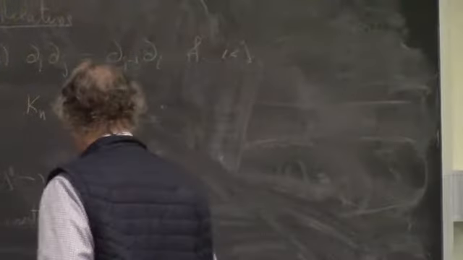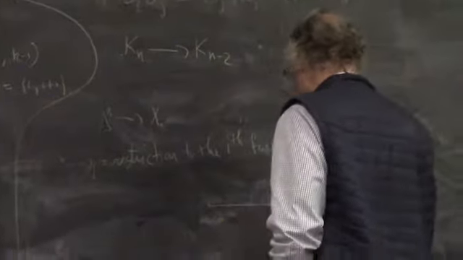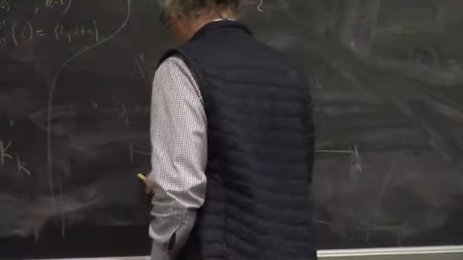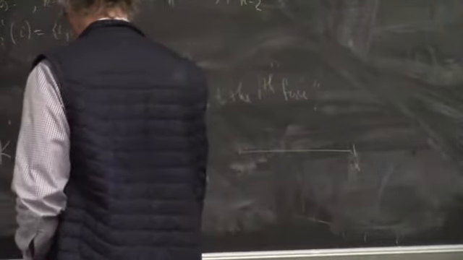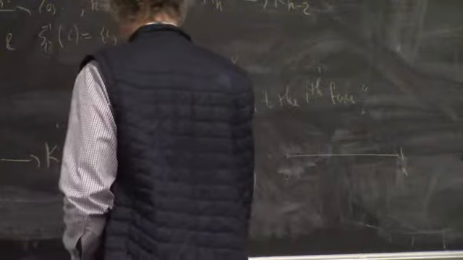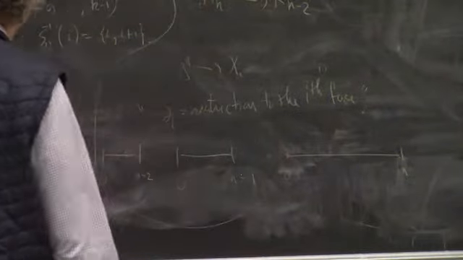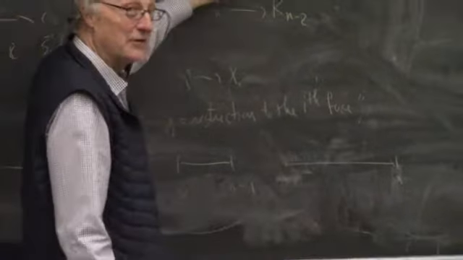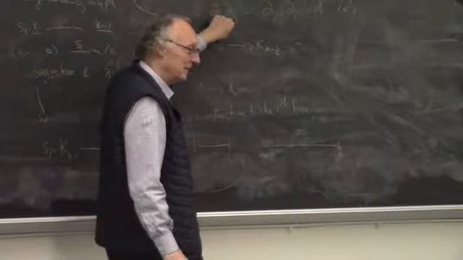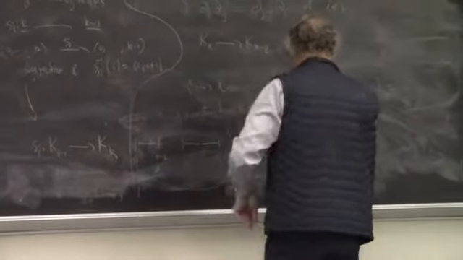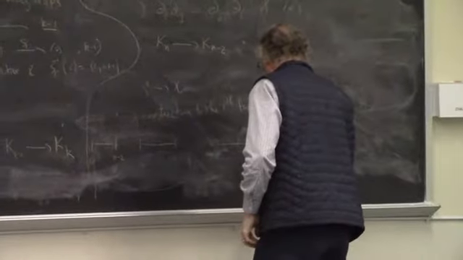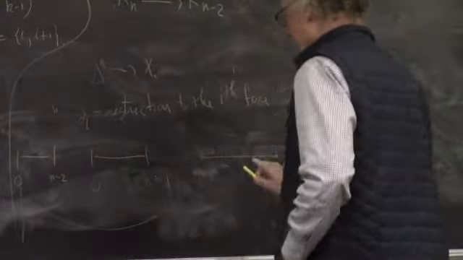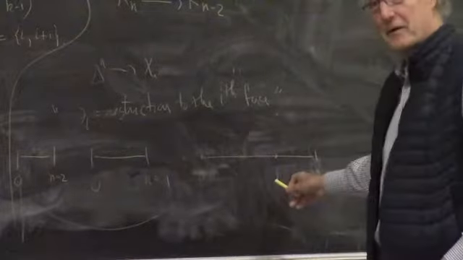So we're imagining here we have delta n, 0 to n. We have delta n minus 1, 0 to n minus 1. And here we have delta n minus 2, 0 to n minus 2. Okay. Here, we're supposed to restrict to the jth face. So how do we do that? Well, the jth face sits right here, and it'll be the unique integer that's not in the image of this map.